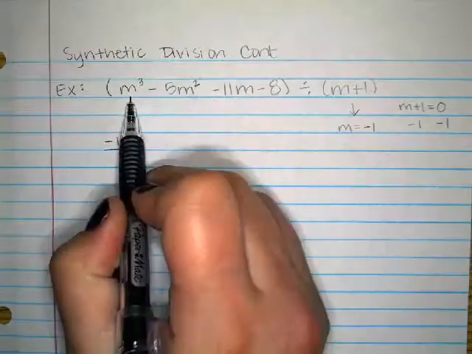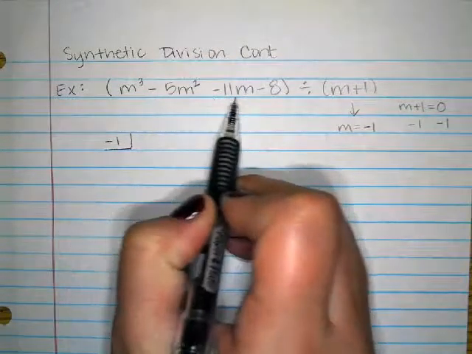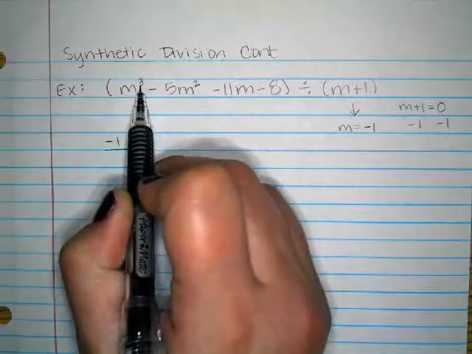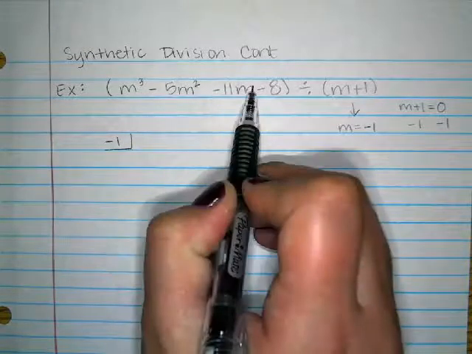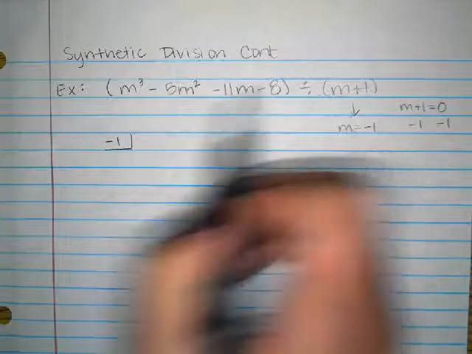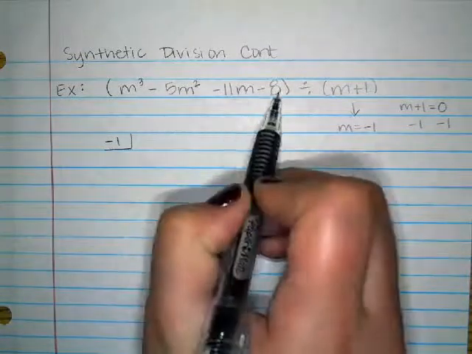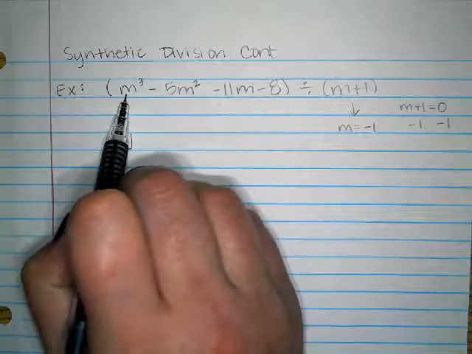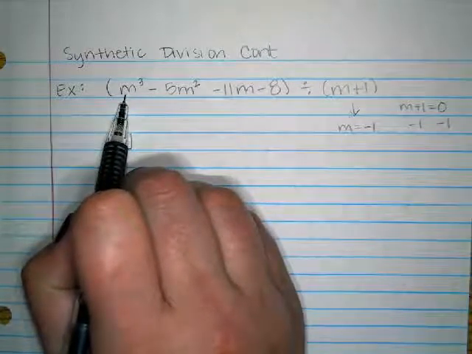And then from this part, we would make sure that we're not missing any of the values. So we have to the 3rd power, to the 2nd power, to the 1st power, and then no power. And then we would write down all the coefficients. So m to the 3rd technically has a coefficient of what? 1.